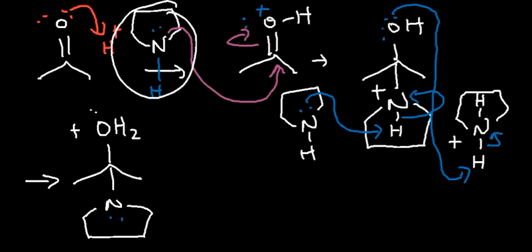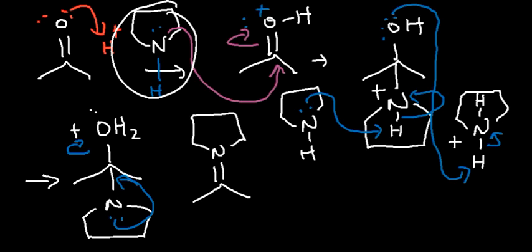So just like the imine, what it could do is it can kick out water. But it doesn't have to. There's many ways we can show this step. But let's say it kicks out water. So right now, it appears to look like an iminium ion.